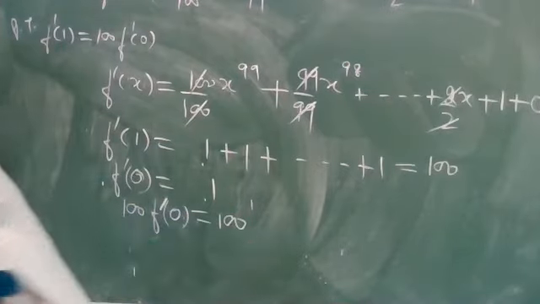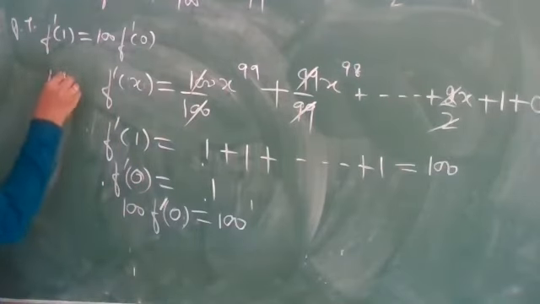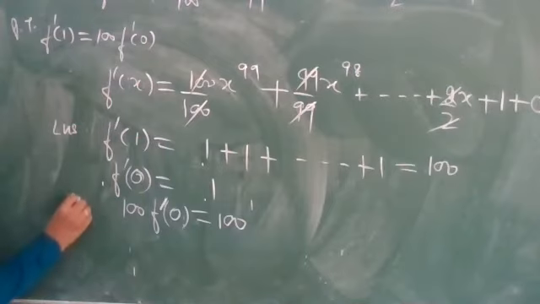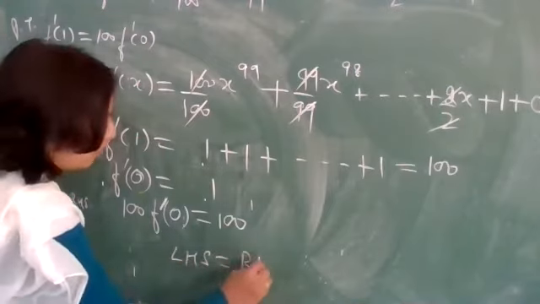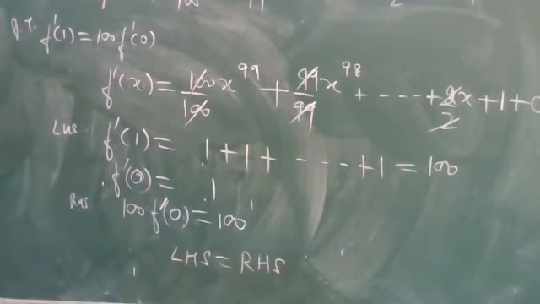So it is 100. Sorry, this is left hand side, and this is right hand side. So left hand side equal to right hand side. And this is what we have to do. Any problem in finding out the derivative? आ गया?